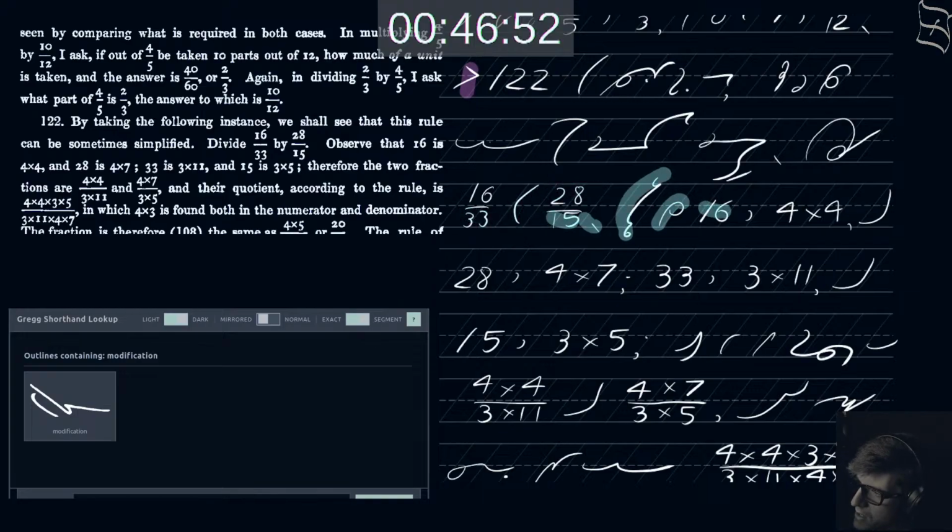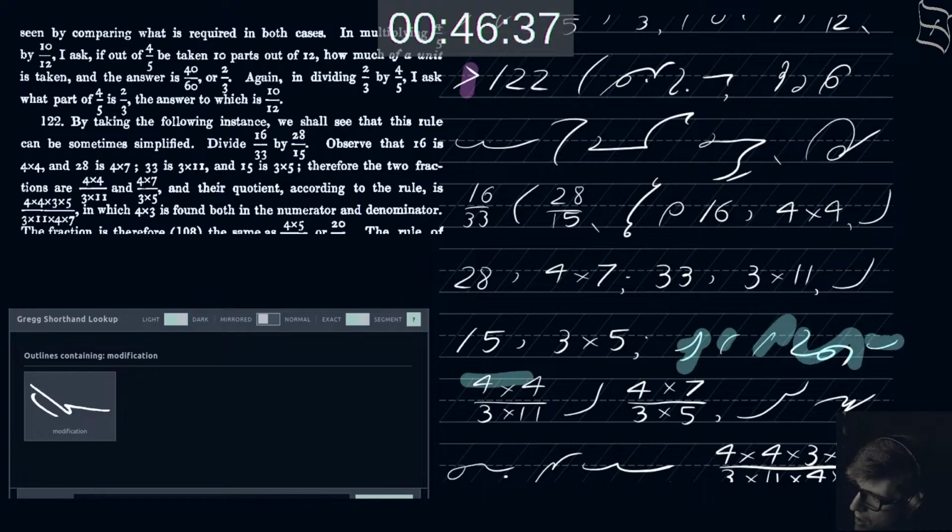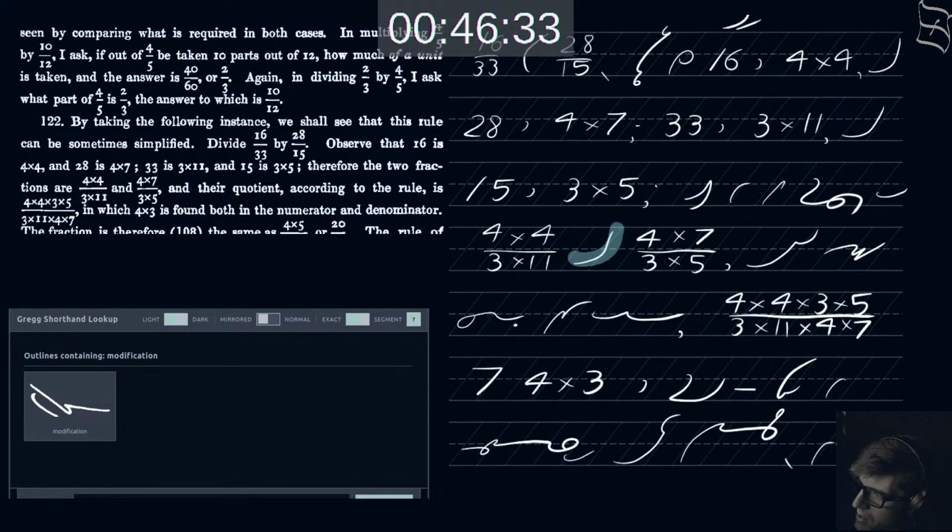Observe that 16 is 4 times 4 and 28 is 4 times 7. 33 is 3 times 11 and 15 is 3 times 5. Therefore, the two fractions are 4 times 4 over 3 times 11 and 4 times 7 over 3 times 5.